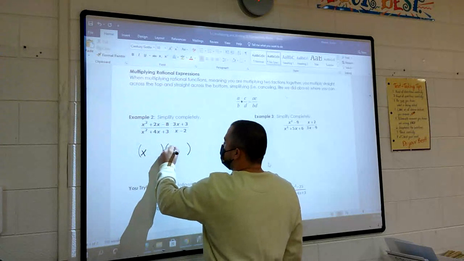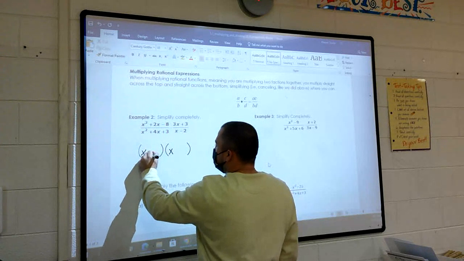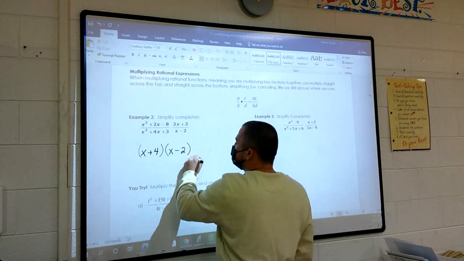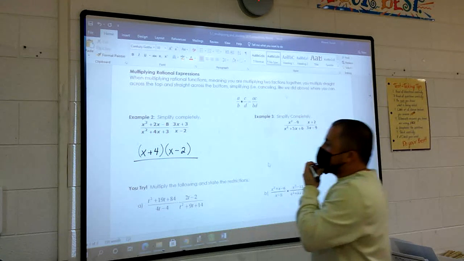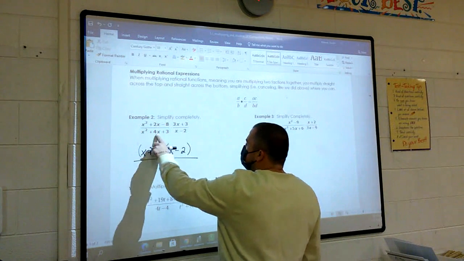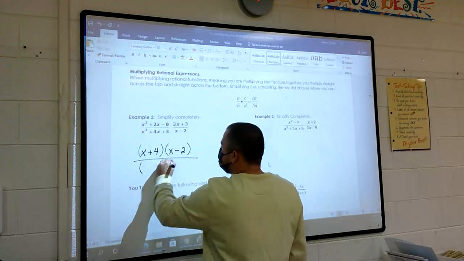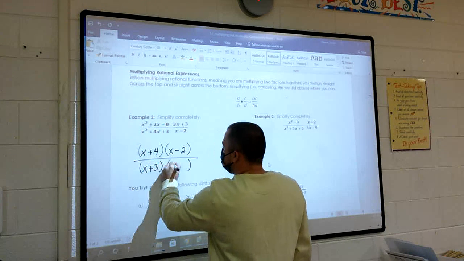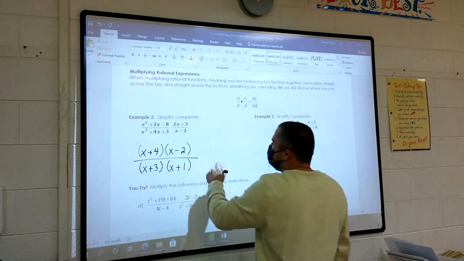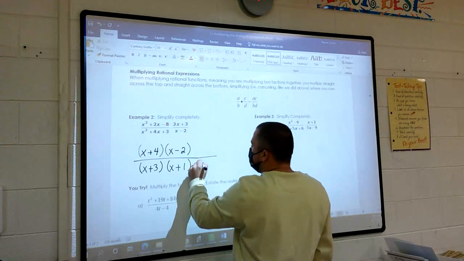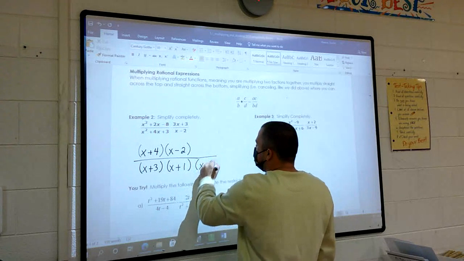Positive 4 and negative 2. Then down here, we're looking for two numbers that multiply to give me 3 and add to give me 4. 3 and 1. On the other one down here, x minus 2 is just x minus 2.